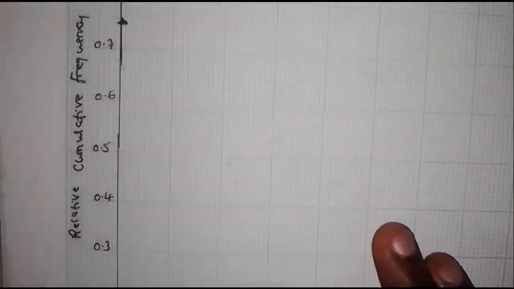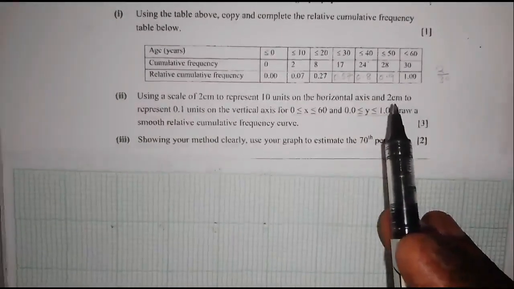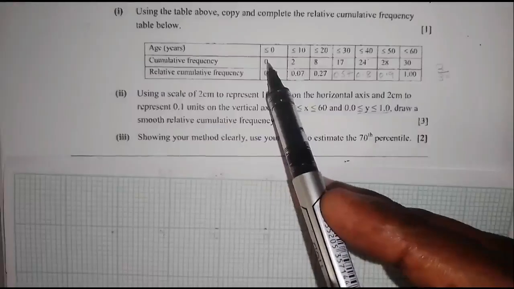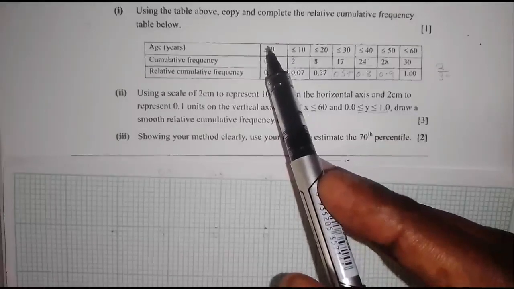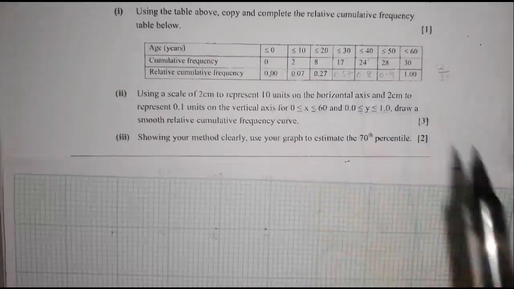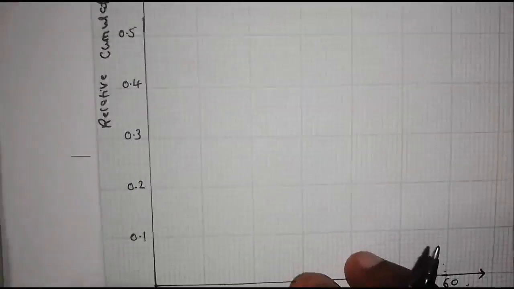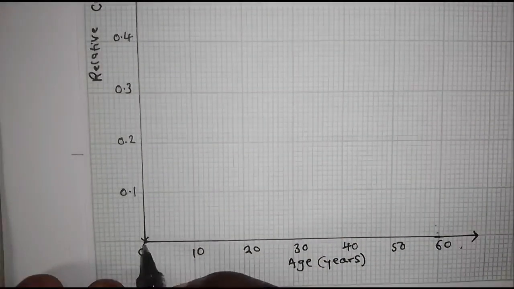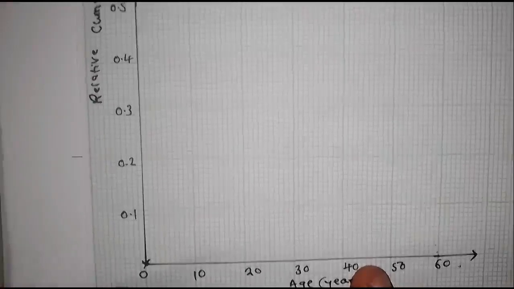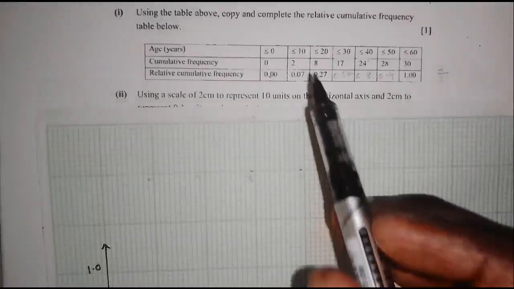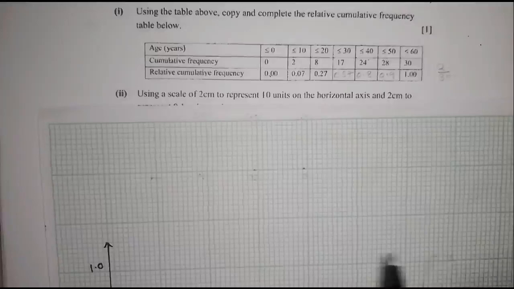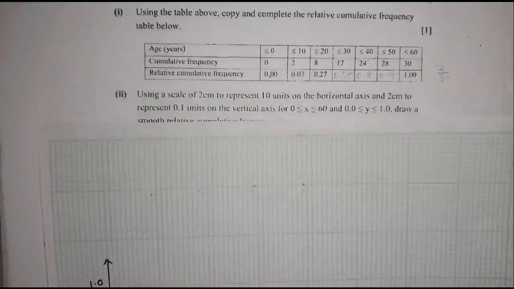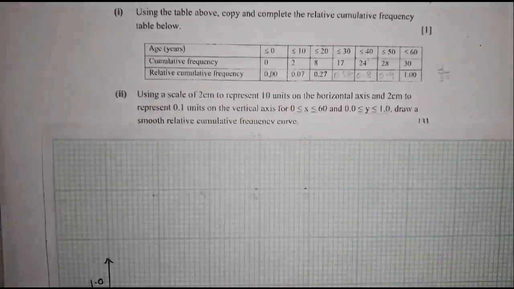When you're plotting now, you start using this complete table. It says less than or equal to 0, 0.0. So for 0, 0, we are starting at just this point. Then followed by 10, 0.07.